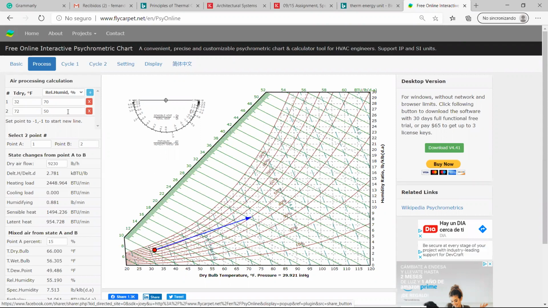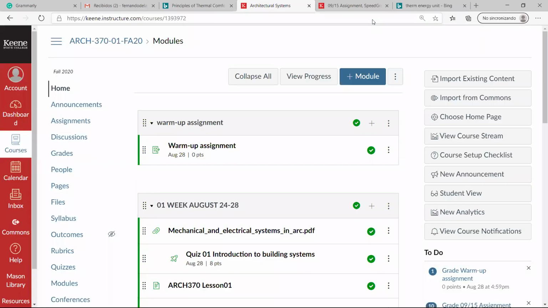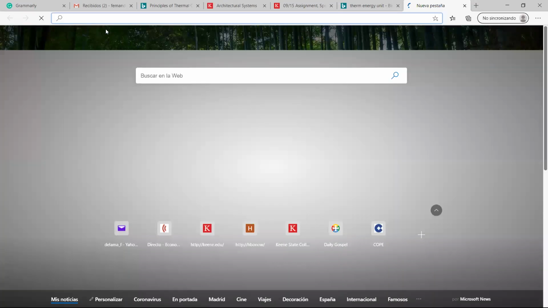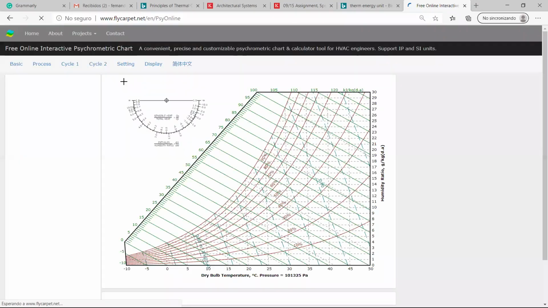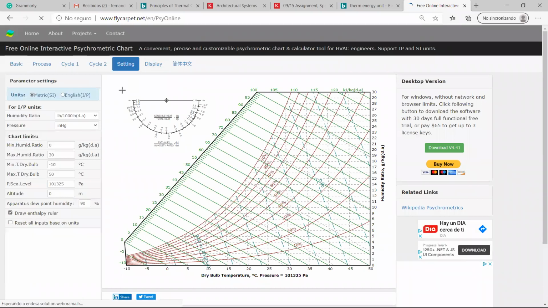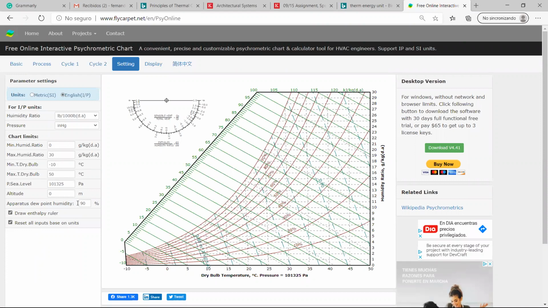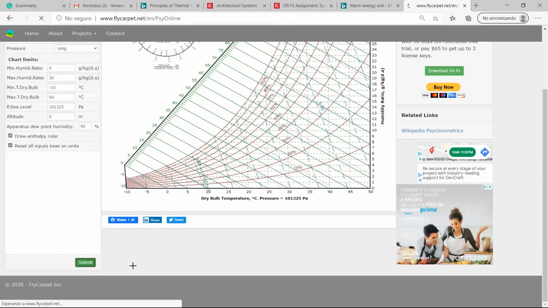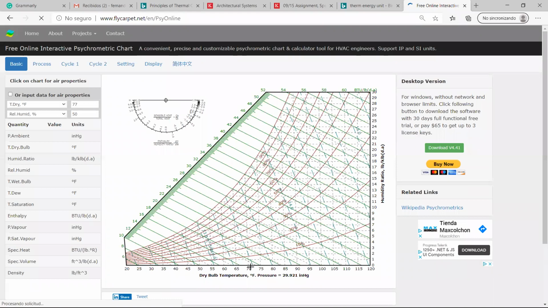Okay, so I'm going to repeat this once more. So first, open the psychrometric chart. I'll start with the settings. So we need English, reset all inputs, submit, and now we have a nice chart in imperial units. Now we have to go to process.